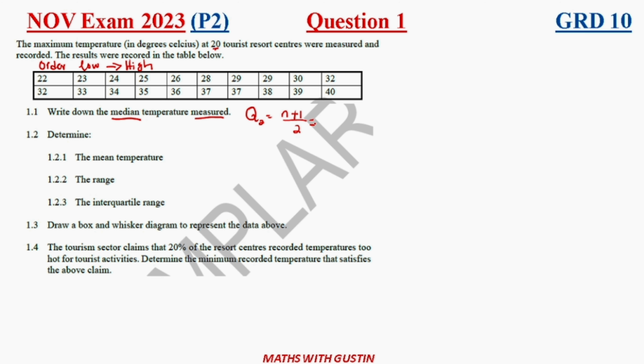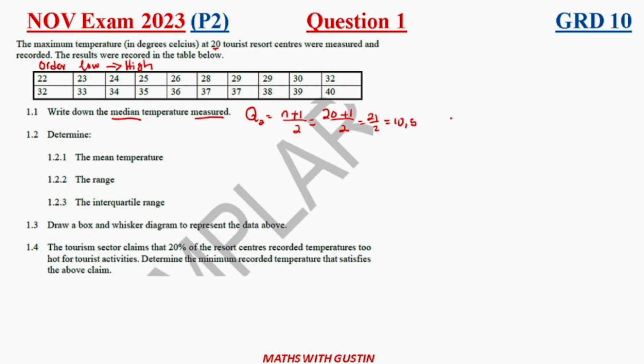So how many numbers are here? It says 20, so it's going to be 20 plus 1 divided by 2, which is 21 divided by 2, which gives us 10.5.